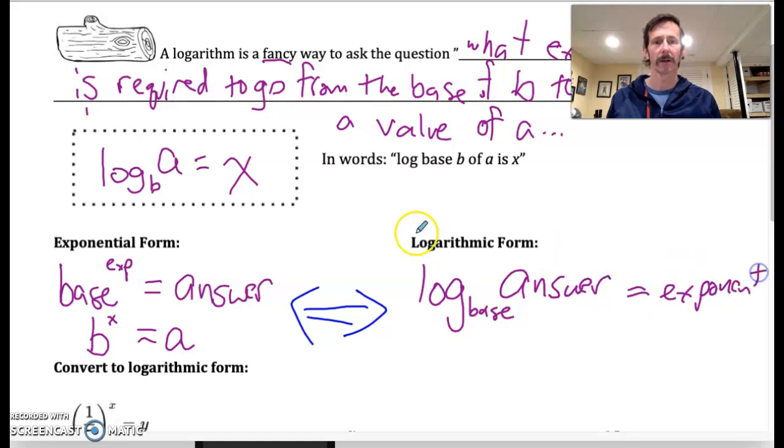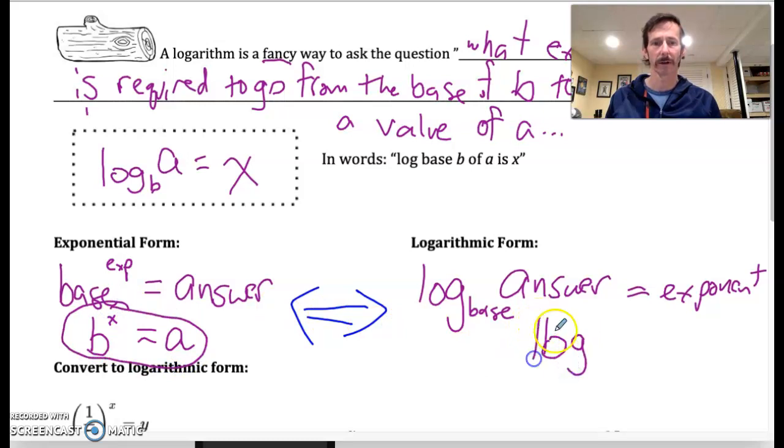And remember, logarithmic functions and exponential functions are inverses. Just like square rooting and squaring are inverses, so are exponentials and logarithms. So it's not a surprise that I'm switching the position of input and output. This is actual exponential form as an equation. Logarithmic form is already up above, but I'll write it again.